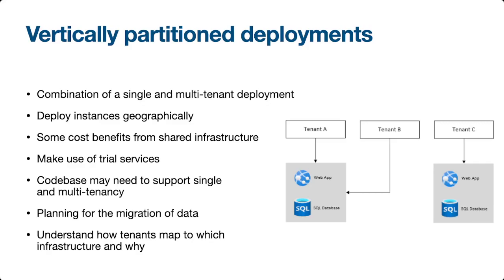But looking at the risks from this deployment pattern, your code base will likely need to be designed to support both multi-tenant and single-tenant deployments. If you plan to allow migration between infrastructures, you're also going to need to consider how you migrate customers from a multi-tenant deployment to a single tenant deployment.